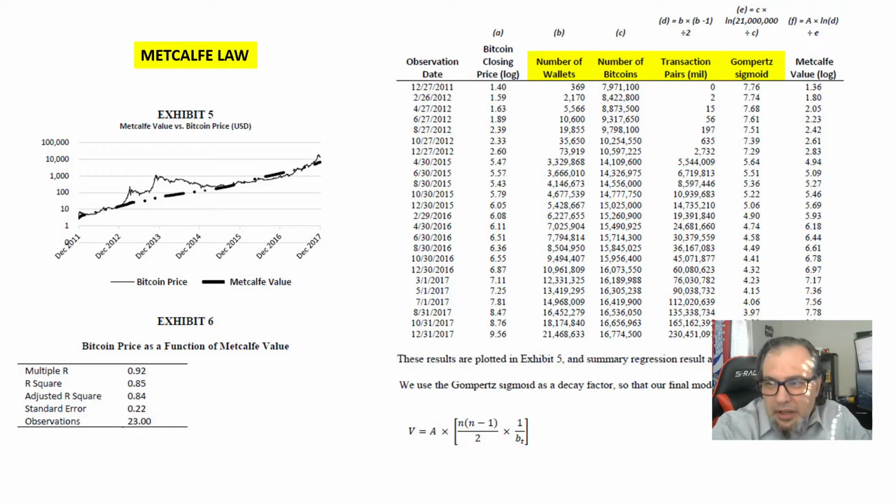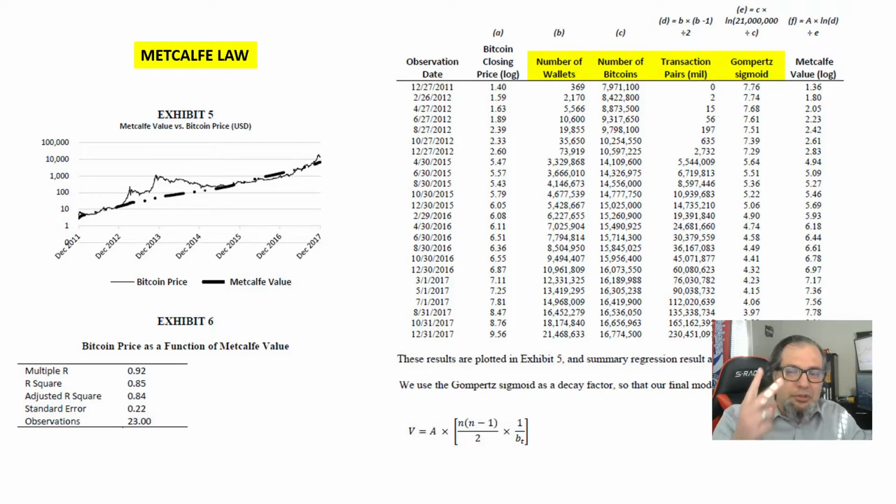That is represented by what he calls a Gompertz sigmoid. I'm not going to go into the mathematical details, but you use the number of wallets to find out how many possible transactions there can be, and then you use the number of bitcoins to plug into this Gompertz sigmoid to smoothen out the network valuation.